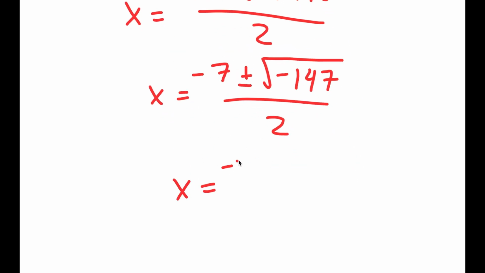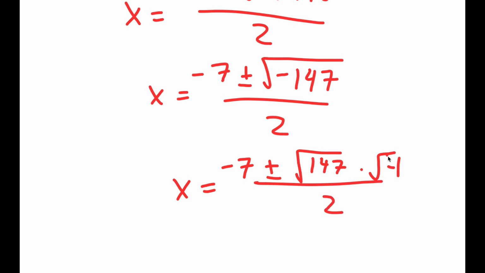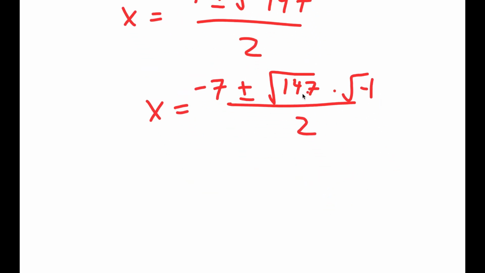Now, the square root of -147 is the same thing as the square root of 147 times the square root of -1. And we'll deal with the square root of -1 later, but first, let's simplify the square root of 147. So the square root of 147 is the same thing as the square root of 49 times 3.